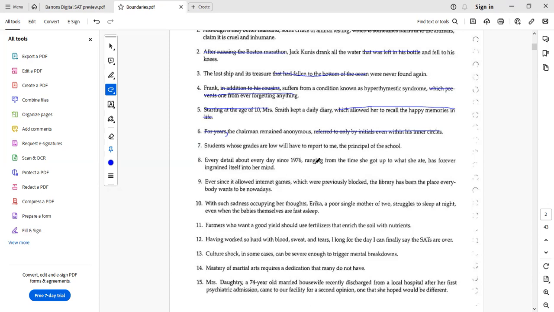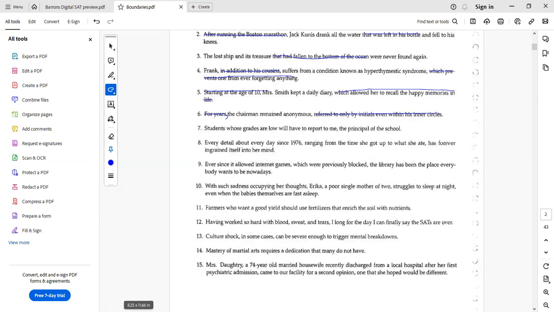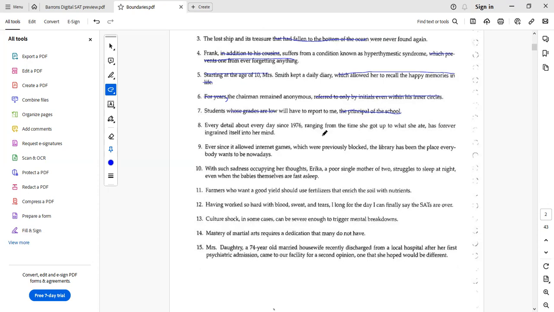Perfect. Let's return to Abdul Munam, number 7. "The principal of the school." Okay, this we call an appositive. We have another one: "whose grades are low." This is the relative clause. So the main sentence is: students will have to report to me. Thank you. Dalal, number 8.